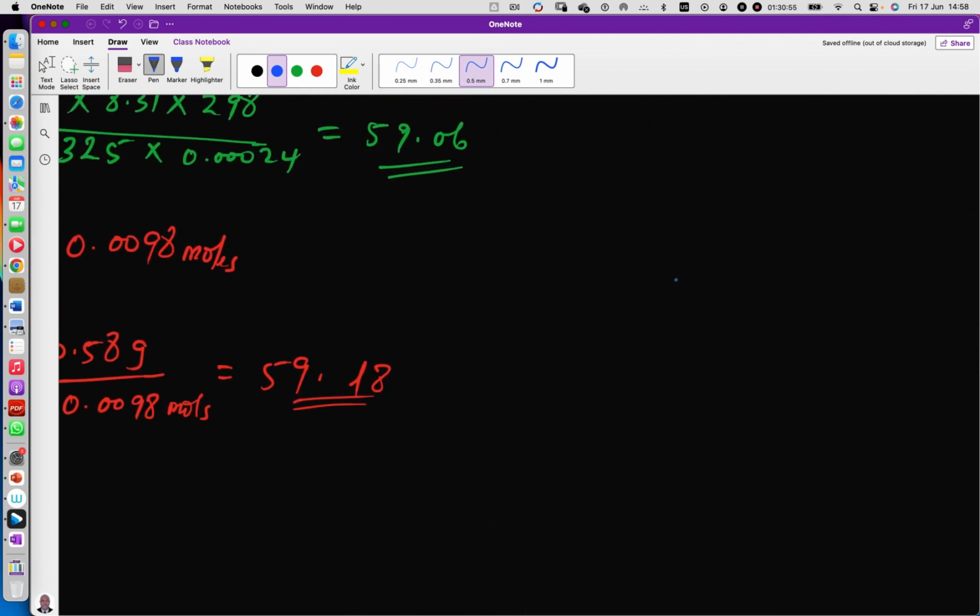EDTA is this, we have CH2, CH2, and there's nitrogen. Ethylene diamine tetraacetic acid.